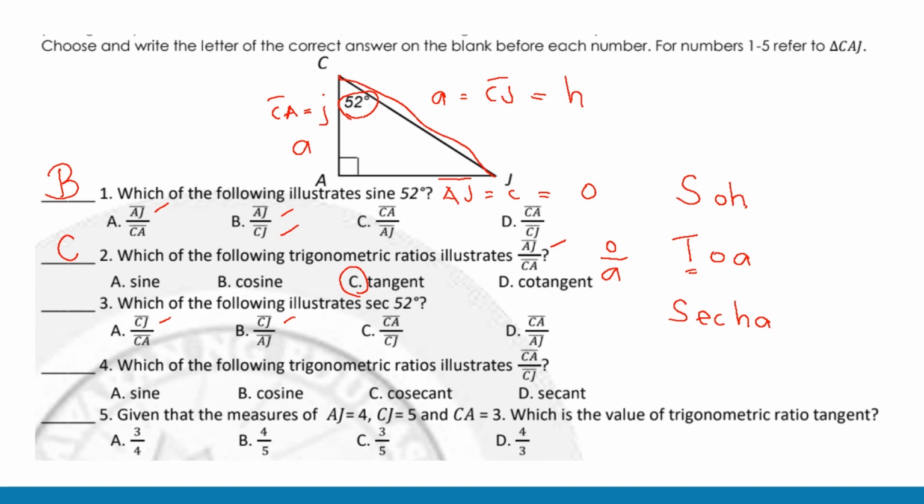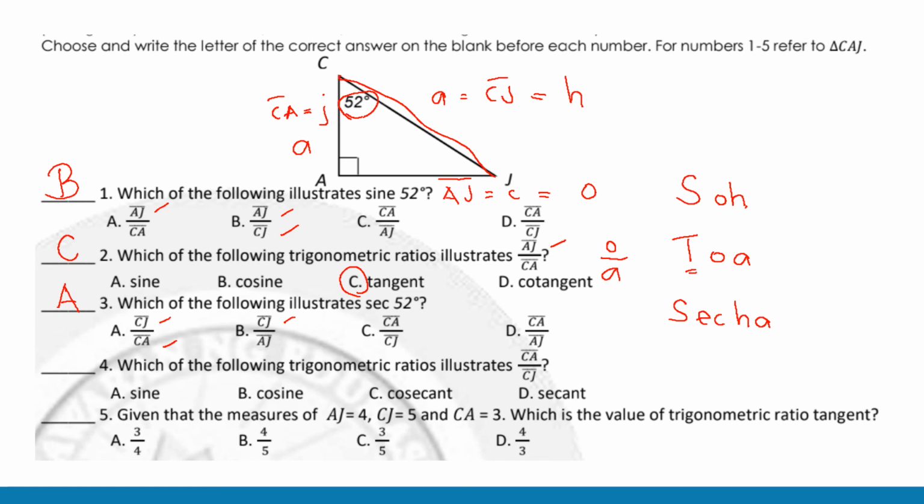And our adjacent side is CA. So, eto. Kung mapapansin nyo, the correct answer is letter A. So, mga bata, yung ginagawa ng sir ay yung process of elimination noong ating mga options. So, from 4, nagiging 2. And then from 2, nasisiguro natin yung tamang sagot.